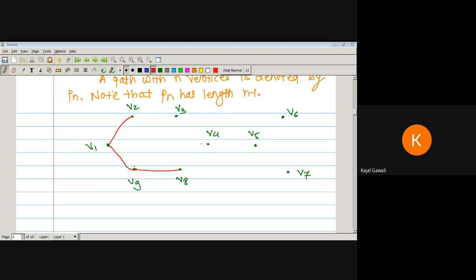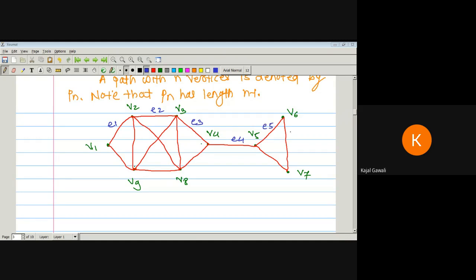The edges are E1, E2, E3, E4, E5, E6, E7, E8, E9, E10, E11, E12, E13, and E14.